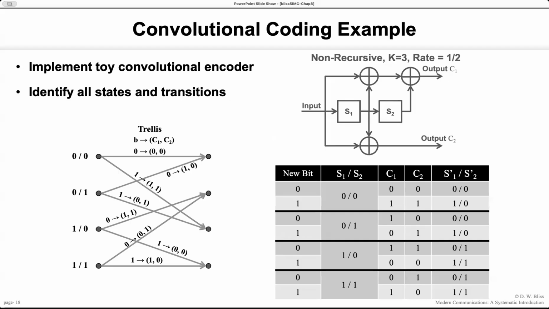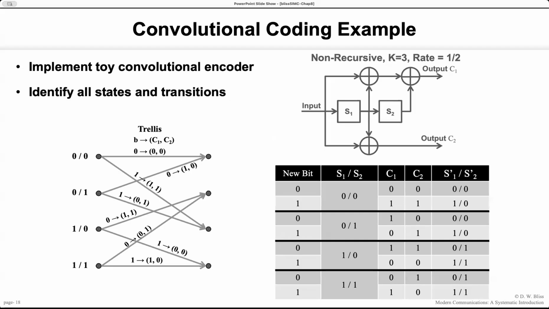We also know in this case, because it's a non-recursive code, that what's in S2 gets thrown away on the next clock cycle. What's in S1 moves to S2, and the input bit moves to S1. So we can also write down what the next state's going to be. If we start with the 0, 0 state, and the input bit is 0, then we get the 0, 0 state again.